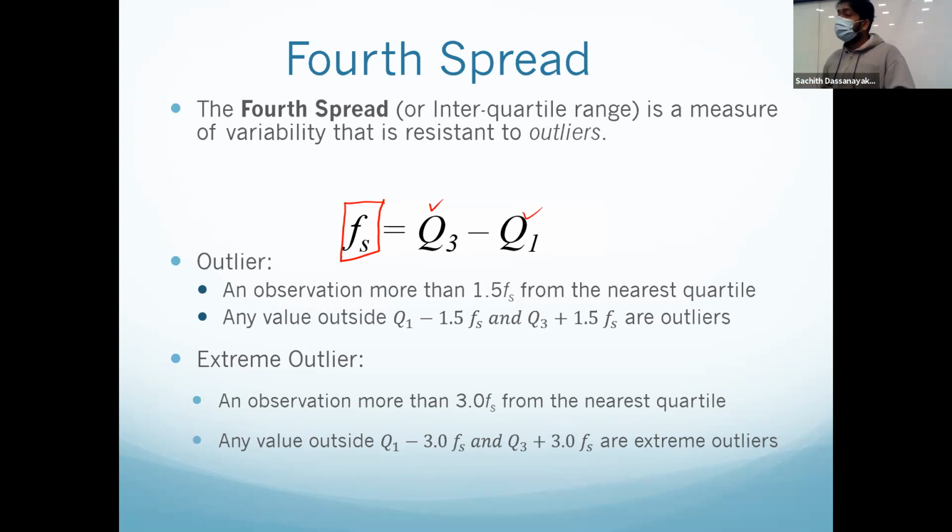To do that, we do a very simple calculation: plus or minus 1.5 times, or 3/2 times, this fs, plus or minus 1.5 times fs.